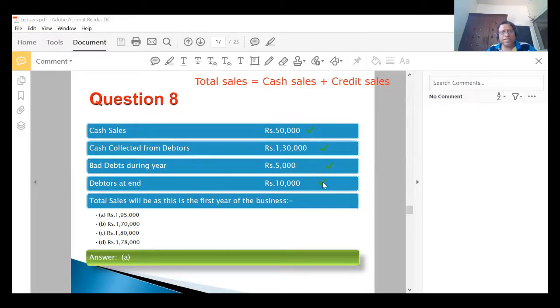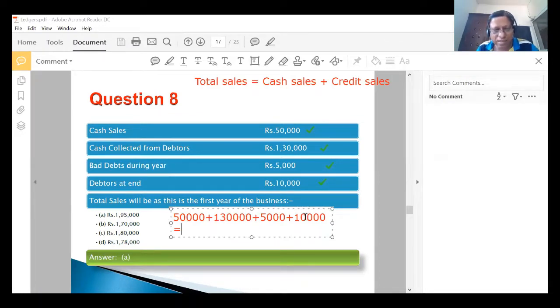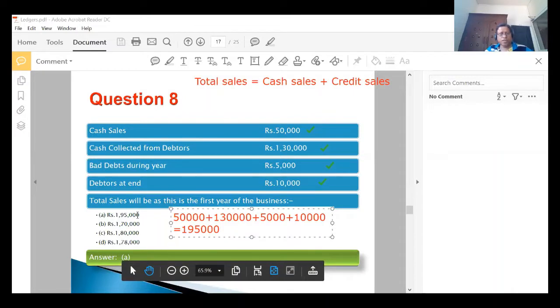So my total sales will be 50,000 plus 1,30,000 plus 5,000 plus 1,00,000, which is 1,30,000 plus 50,000, 1,80,000, plus 10,000 is 1,90,000, plus 5,000 is 1,95,000. So the answer is A.